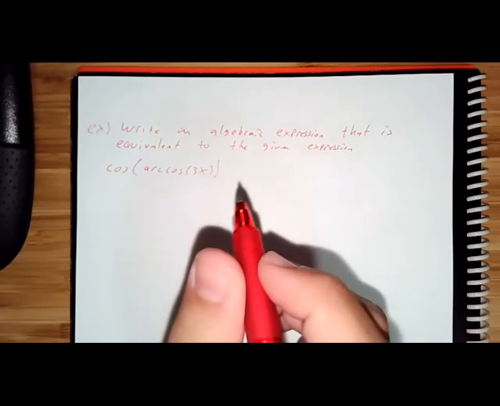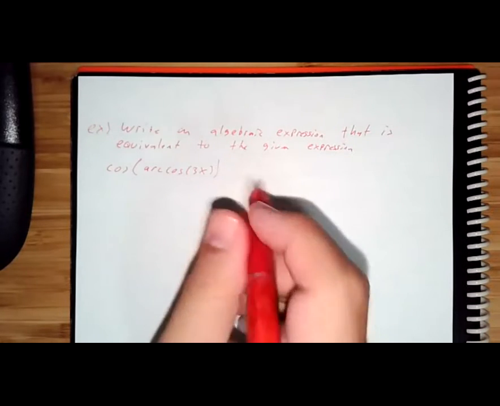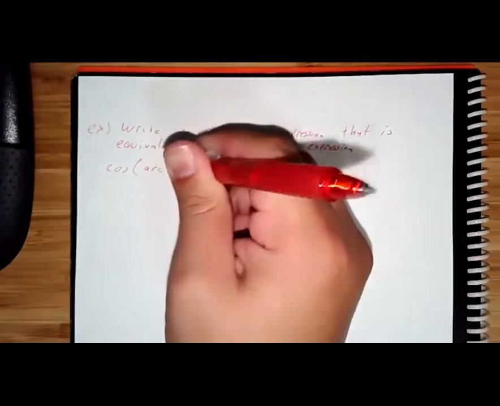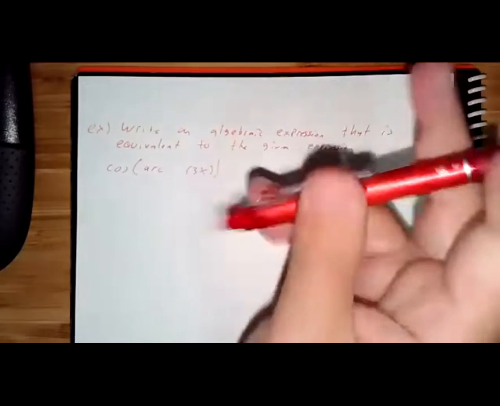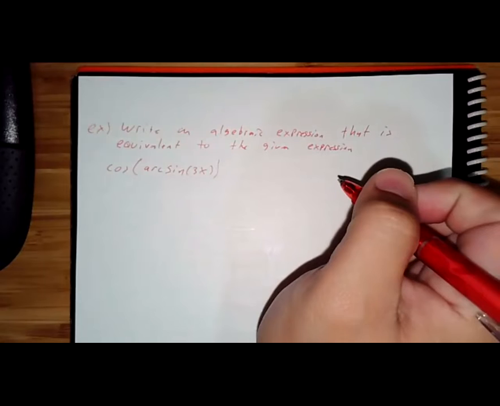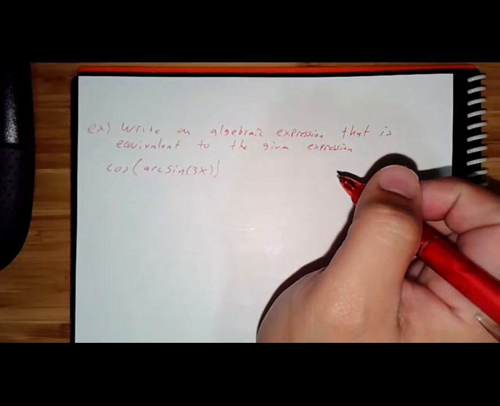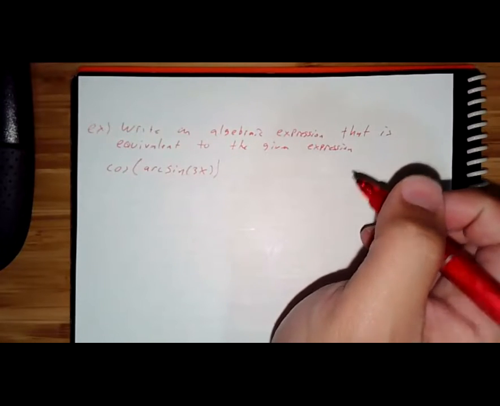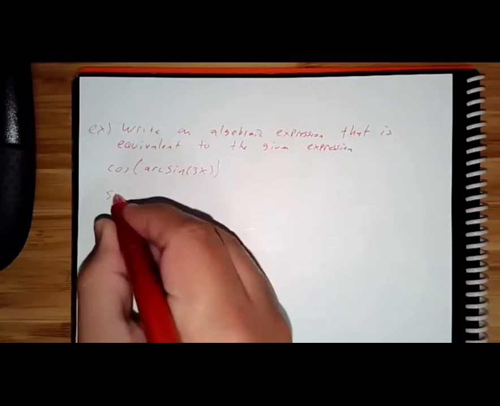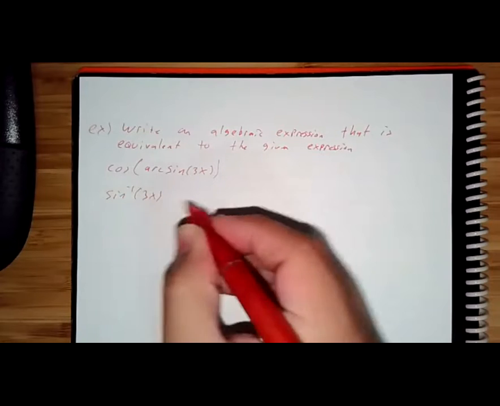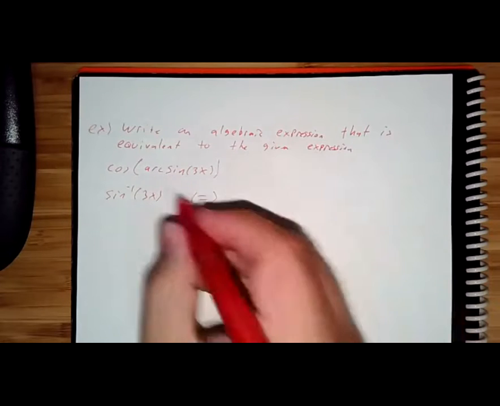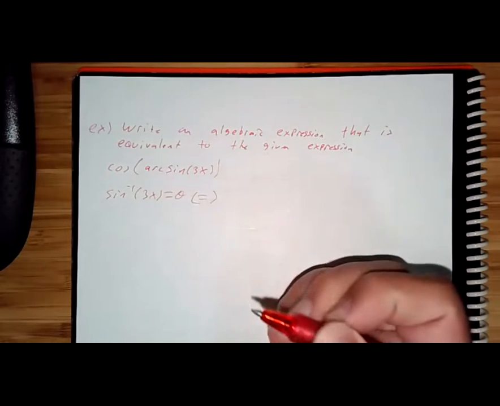That's actually sine right here. So arc sine, or if you prefer, sine inverse of 3x, that's the same as saying, we want to know what theta gives us this.